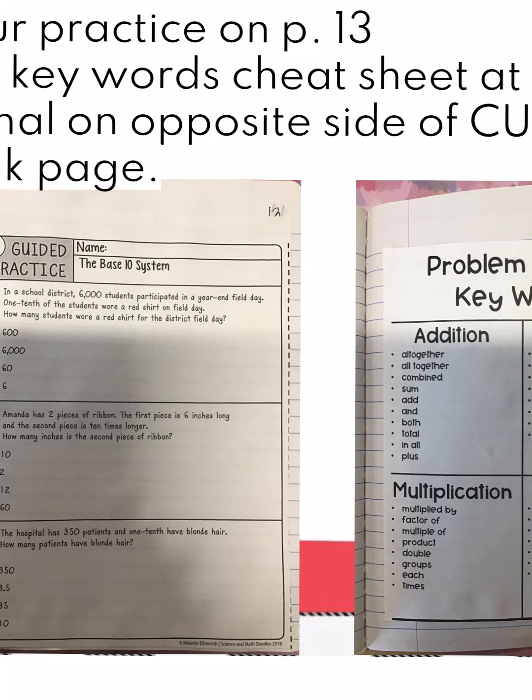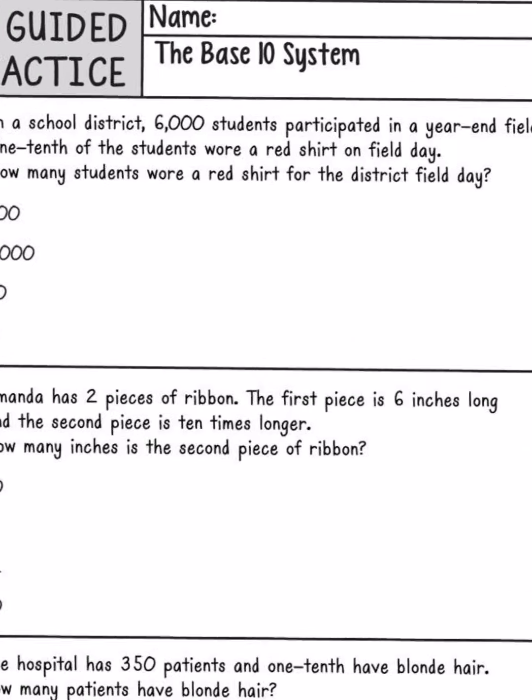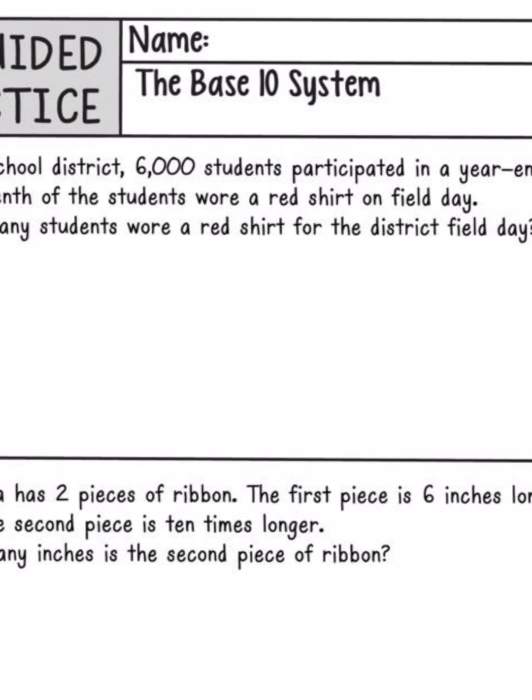Okay, so what we're looking at right now is the guided practice. Number 1 says, in a school district, 6,000 students participated in a year-end field day. 1/10 of the students wore a red shirt on field day. How many students wore a red shirt for the district field day?